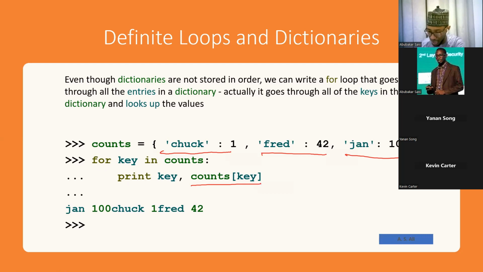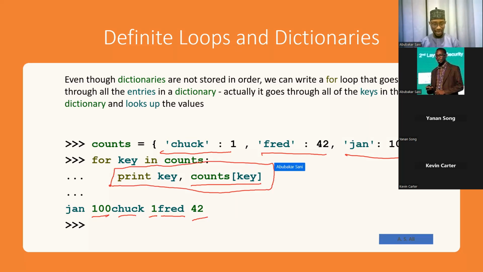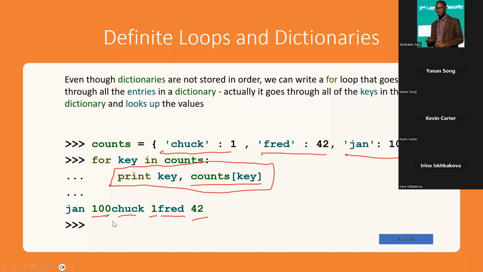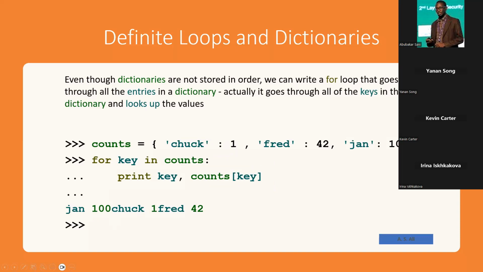The first one, it will print the key, and then it will print the count. It will print the key, it will print the count. So just one single line has solved all those lines that I had previously. Okay, so we will see how this also works in an activity.